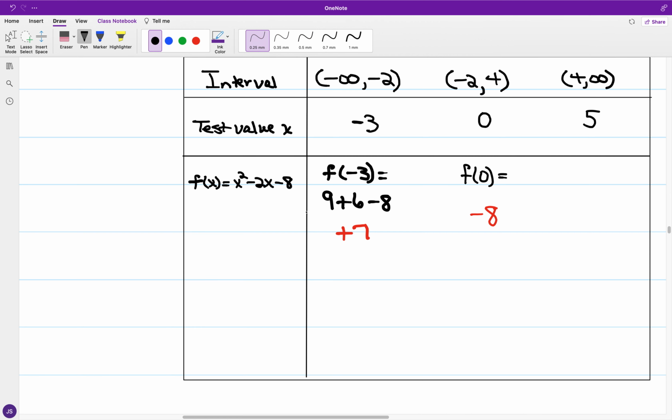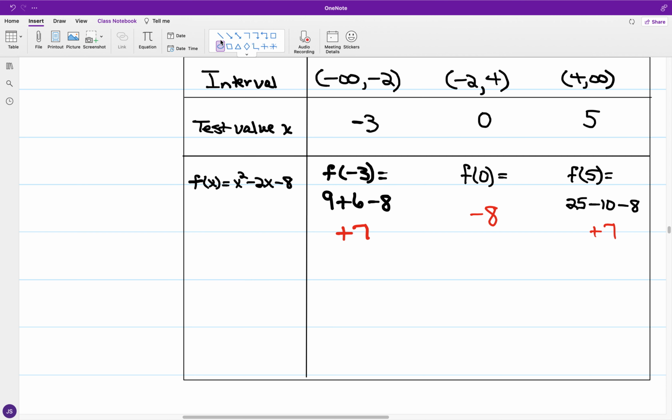And in the case of f of 5, you got 5 squared is 25, -2 times 5 is -10, and so 25 minus 10 is 15, and with -8 to follow, just like f of -3, f of 5 also comes out to 7.